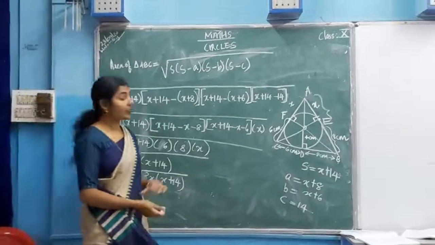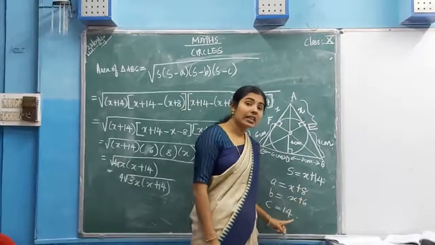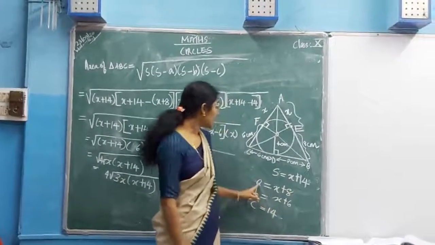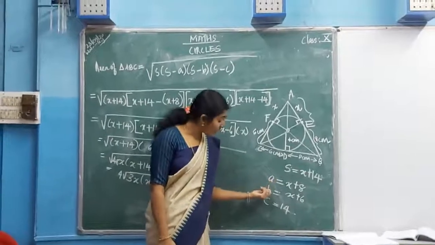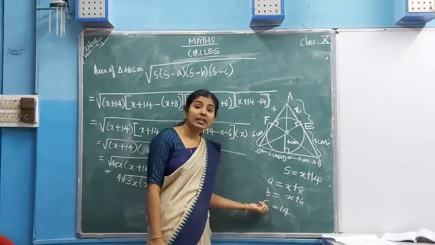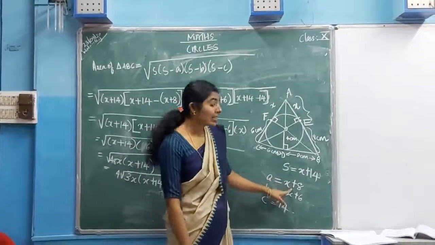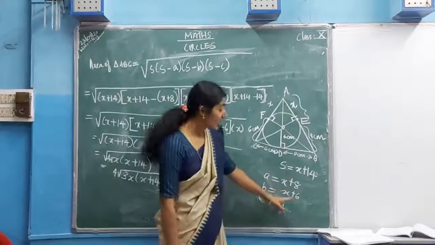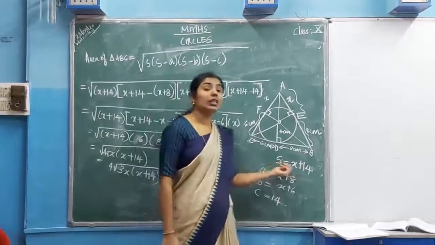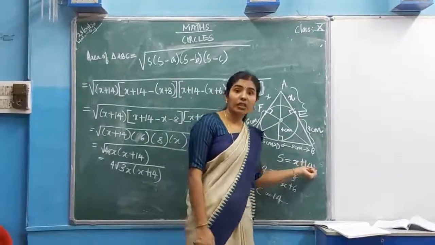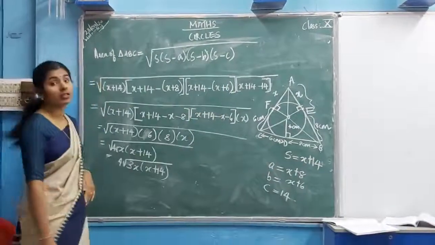Now we see here we are getting three sides of the triangle. First side we are giving name a, second side b, third side c. So a is x plus 8, b is x plus 6 and c is 14. And we found the semi-perimeter x plus 14. Now what is Heron's formula?